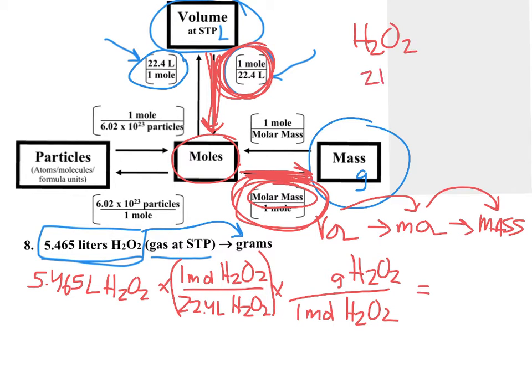So we know there's going to be 2 hydrogens and 2 oxygens, right? Each hydrogen is 1.01 gram. Each oxygen is about 16 grams according to my periodic table.